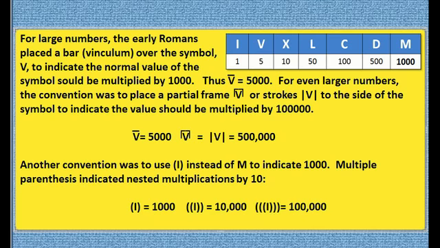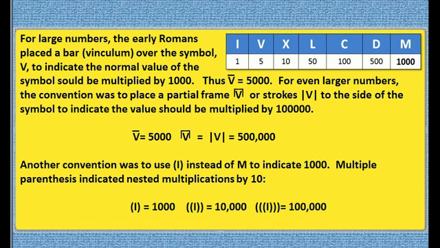For large numbers, the early Romans placed a bar, called a vinculum, over the symbol V to indicate the normal value of the symbol should be multiplied by 1,000. Thus, V with a vinculum over it equals 5,000, 5 times 1,000.